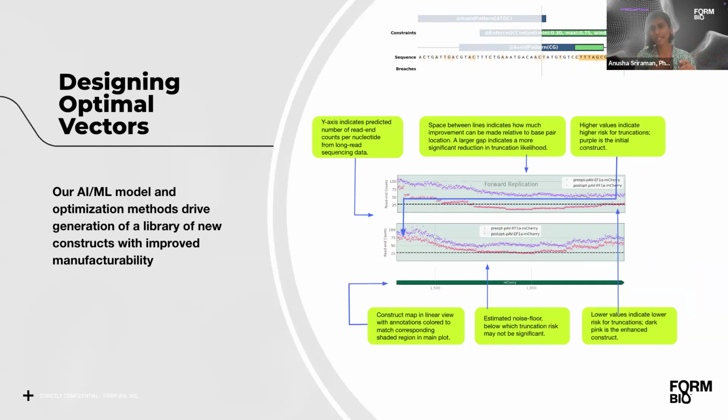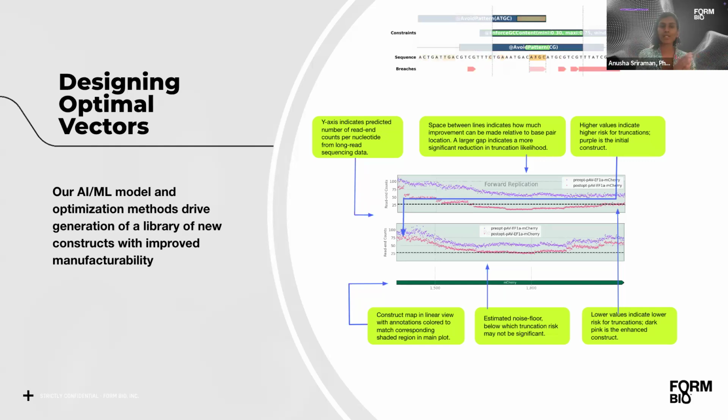What you see here is that with FormSight optimization, indicated by the pink dotted lines, we are reducing the truncation risk, and it's hovering at the noise floor, which is indicated by the black dashed line. By reducing the likelihood of truncation in the coding sequence, we are not only enhancing the therapeutic efficacy of the gene, but also improving the manufacturability. And this helps to make the entire production process more efficient.